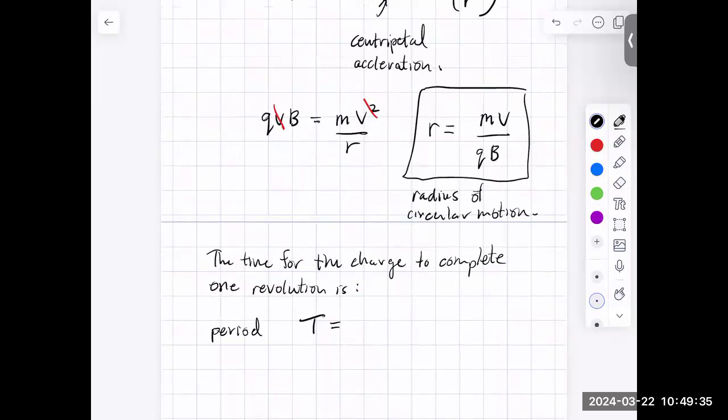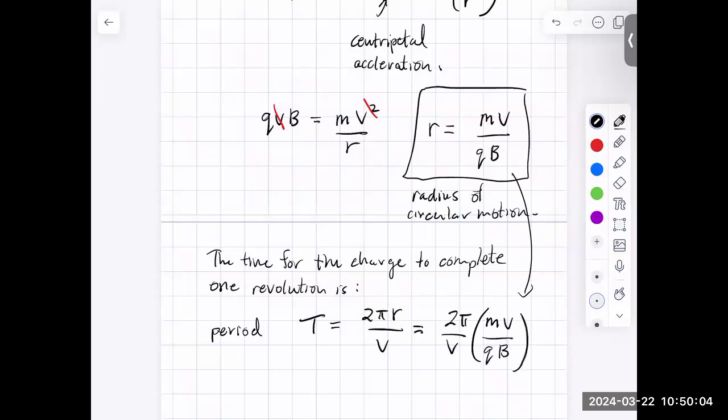Well, we could take the total distance traveled, 2 pi r, divided by the speed that the particle is moving. Okay, so that's just 2 pi r divided by v. And then r we just calculated. So for r, we use this result, mv divided by qB.